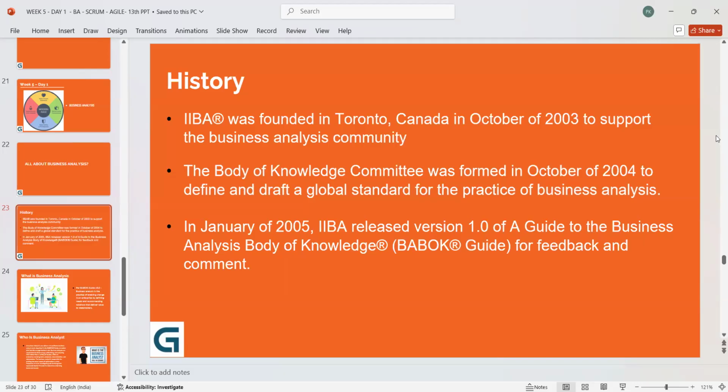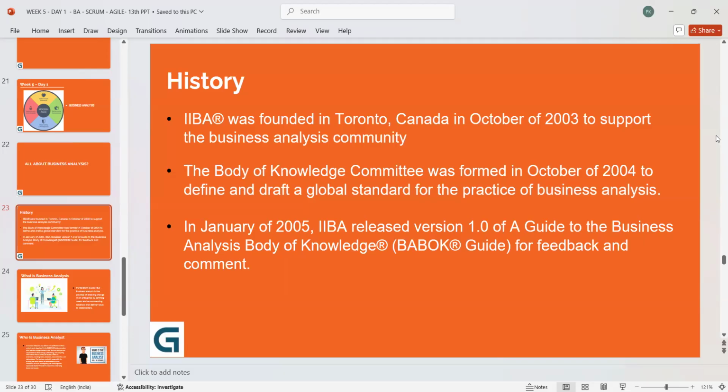In January of 2005, IIBA released version 1.0 of a guide to the Business Analysis Body of Knowledge, BABOK guide, for feedback and comment. So this is all the initial time, how and when it was developed, how the entire process got initiated.